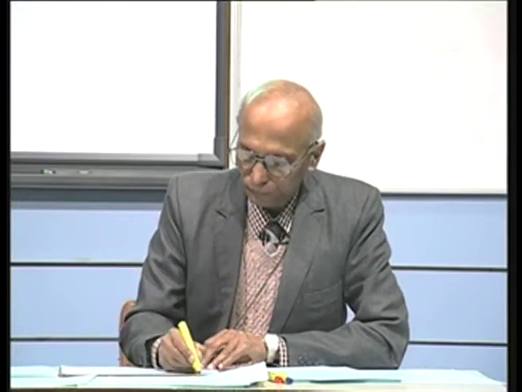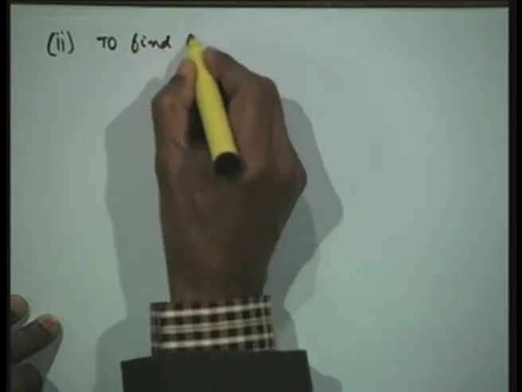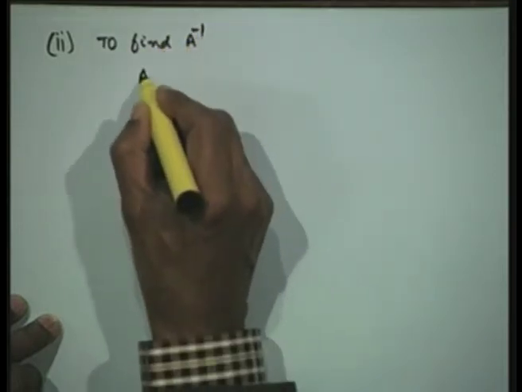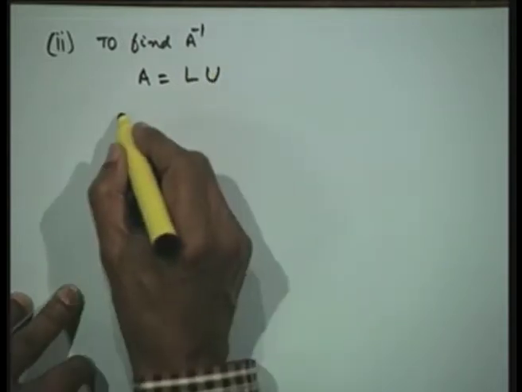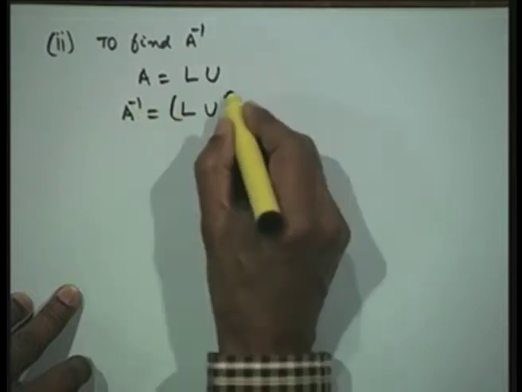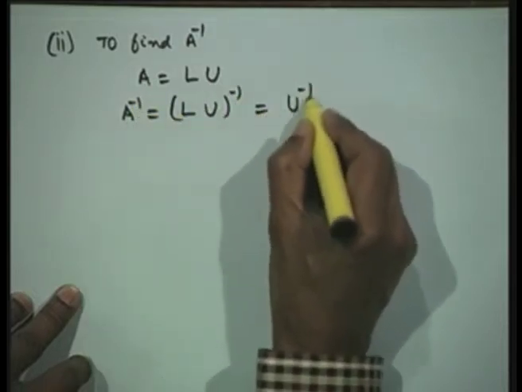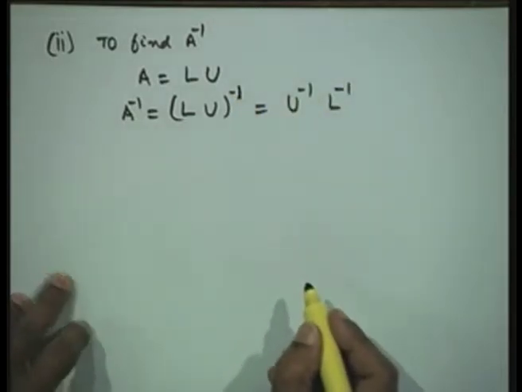Now, let us see what we would do if I need the inverse of a matrix. If I need the inverse of the matrix, we start with A is equal to L into U. Let us invert both sides: A inverse is equal to U inverse L inverse.